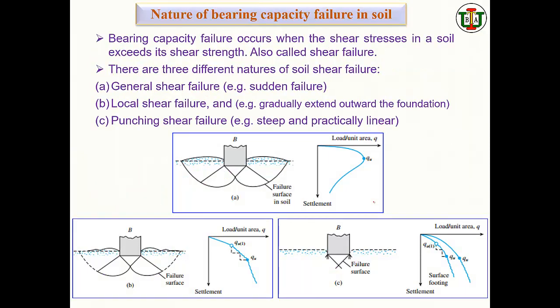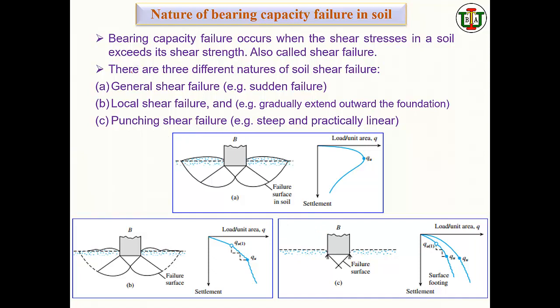Okay, so soil can fail, right? Whenever you put extra load and continuously increase the load of the structures or the load of the members coming to the soil, the soil shows failure. There are three kinds of natural soil failures we can see. All are shear failures, because soil shear failure is considered for the ultimate bearing stress or ultimate bearing capacity.